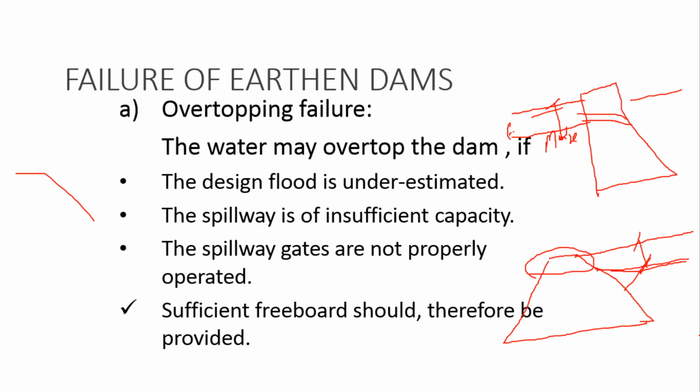For suppose, up to here is the maximum level, and I am providing freeboard exactly here, or at least nearer, almost 0.5 meter from the core head. Then what will happen? Obviously there is a chance of overflow. Due to overflow the dam may get spoiled, and the dam may fail. This is one type of failure we can say.